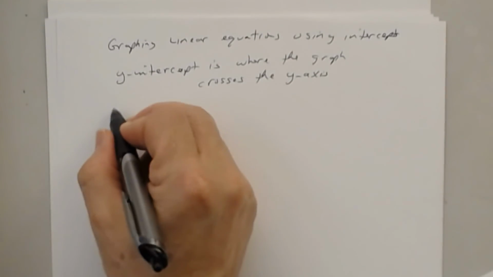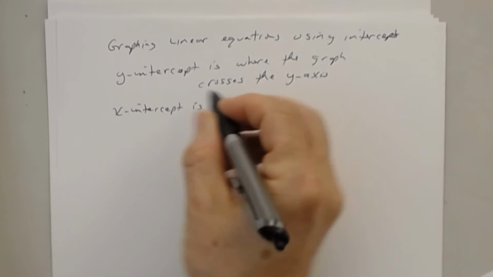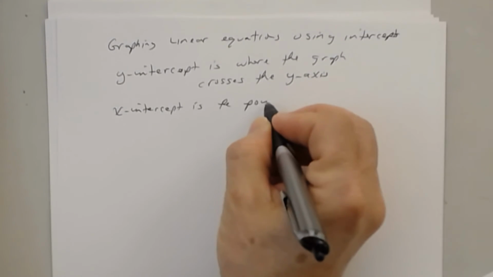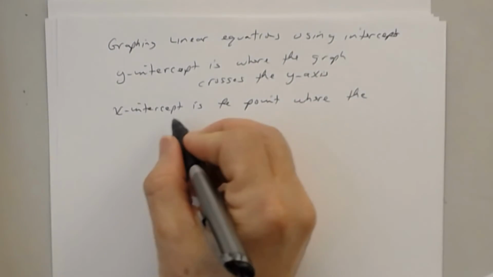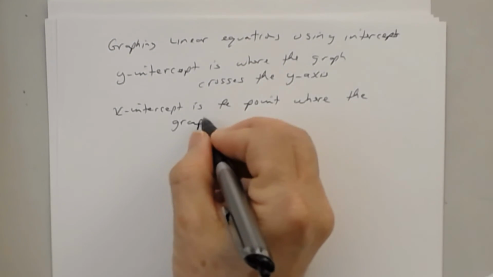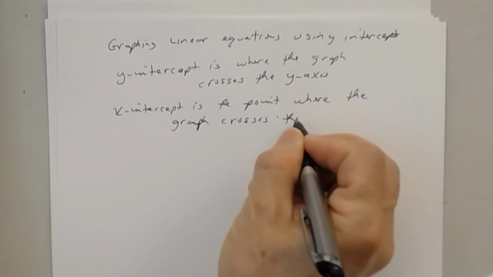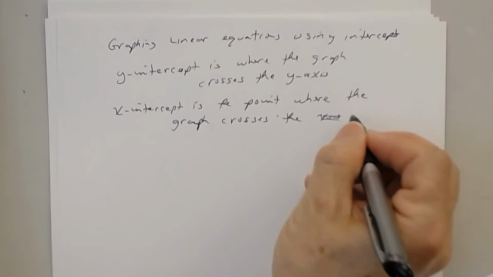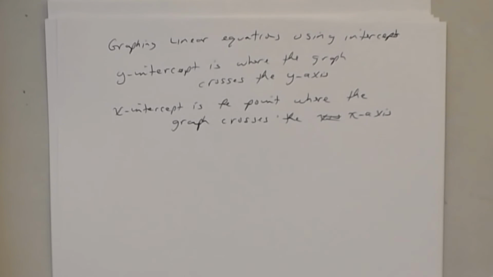The x-intercept is the point where the graph crosses the x-axis. So the y-intercept is the point where the graph crosses the y-axis, and the x-intercept is the point where the graph crosses the x-axis.